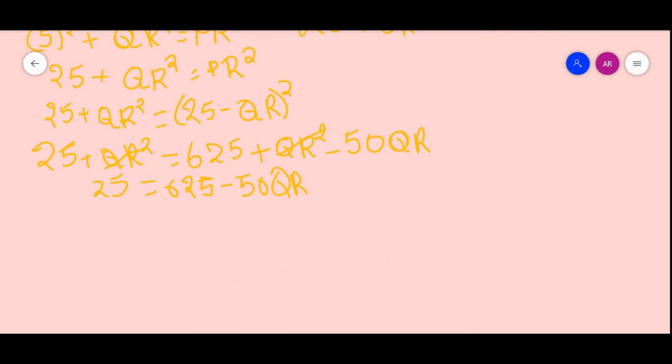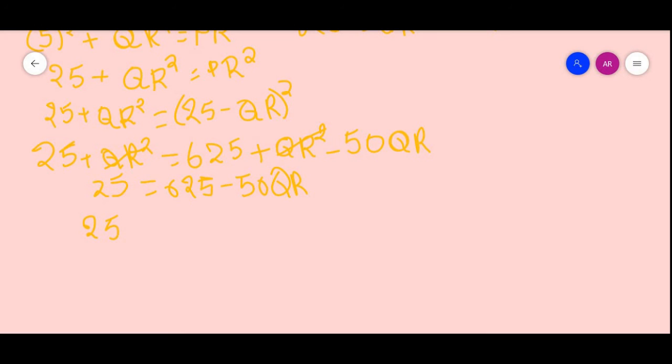Alright. So I want all the alphabets on one side and all the numbers on one side. Two members of the family should be in their own family. They shouldn't come together. So I'm taking all the numbers to one side and all the alphabets to the other side. So it's going to become 25. I'm taking this 625, which is on the right hand side, to the left hand side.